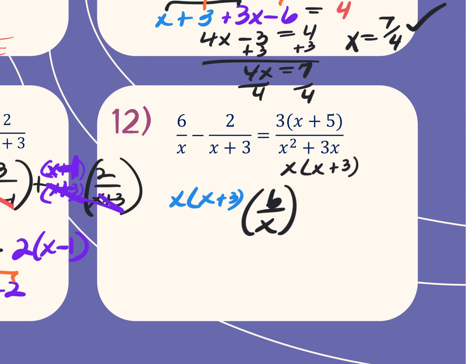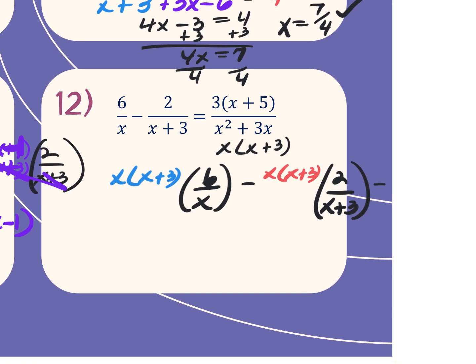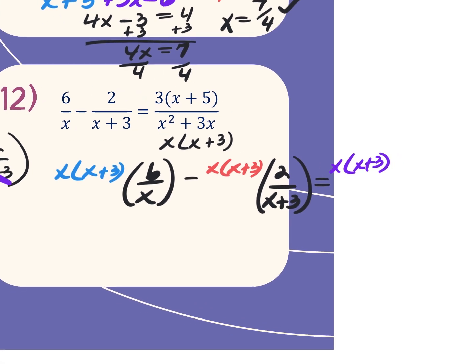Then here, x times the x plus 3 needs to get multiplied to the 2 over x plus 3. And then the last one, x times the x plus 3, multiplied to the 3x plus 5 over x squared plus 3x.